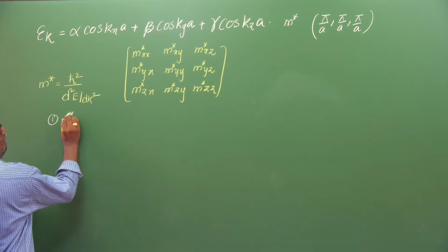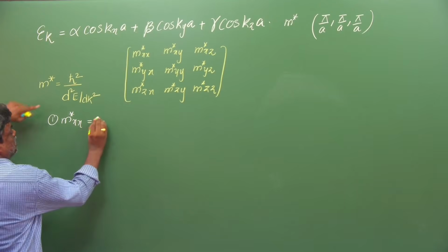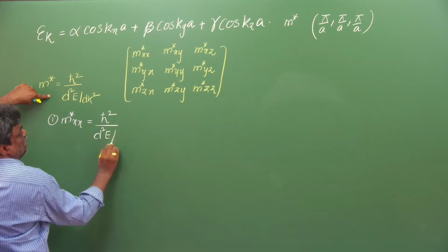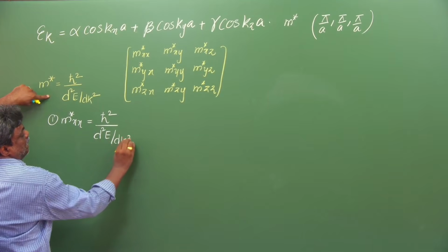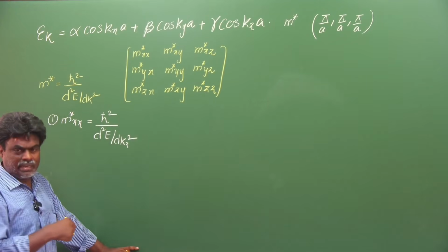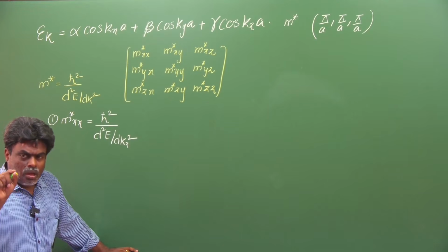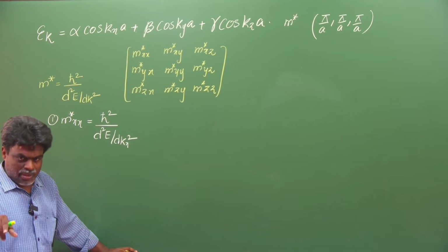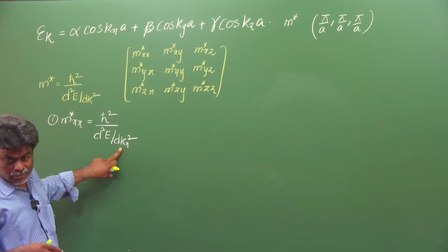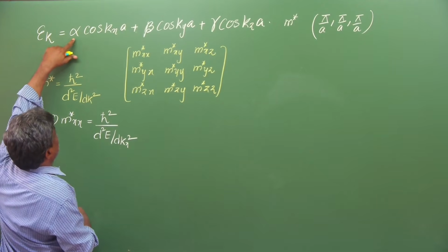M star xx is nothing but h cross square by d square e by dkx square. Partial derivative only. Although we are writing a d, you can write a dou. So, dou square e by dou kx square. Differentiate only with respect to kx. So, kx means you are having only this term.